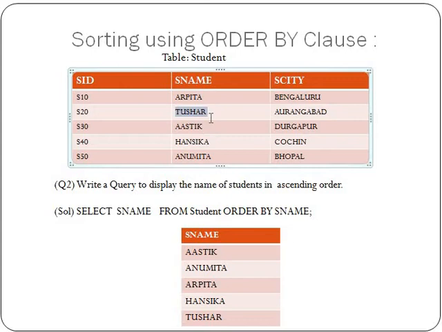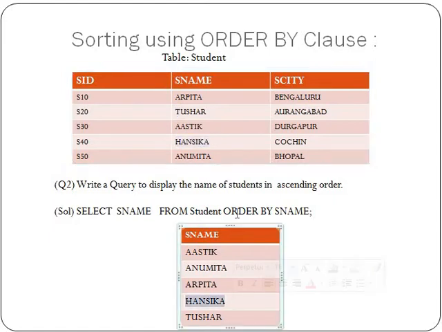Then we are left with 2 records, Tushar and Hansika. So if we look here now, the student Hansika has the first letter H and the student Tushar has the first letter T. Obviously, in the alphabetical series, H comes before T. So now Hansika is going to be displayed in the output table as the fourth entry, followed by Tushar at the end.